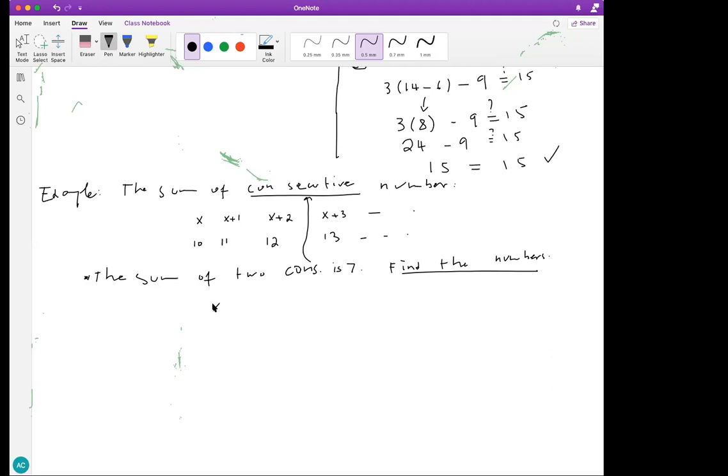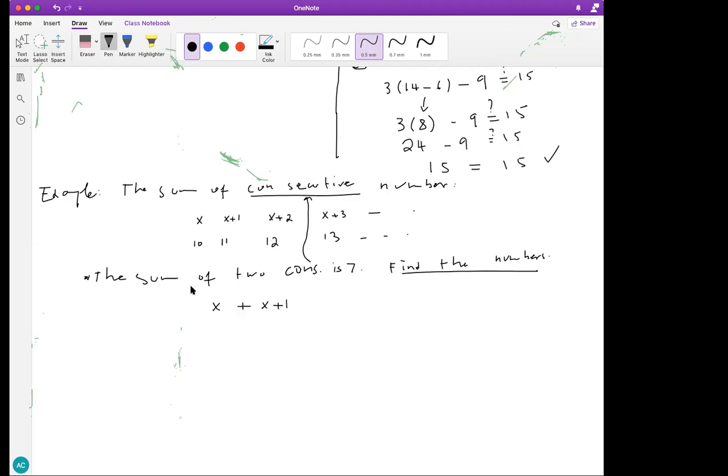If the first number is x, let's say we don't know the solution, what's the next number in terms of x? Plus 1. That's right, it will be x plus 1. Whatever the first number might be, the consecutive one in line will be that number plus 1. So this is the first number, and this is the second number, one after the other.